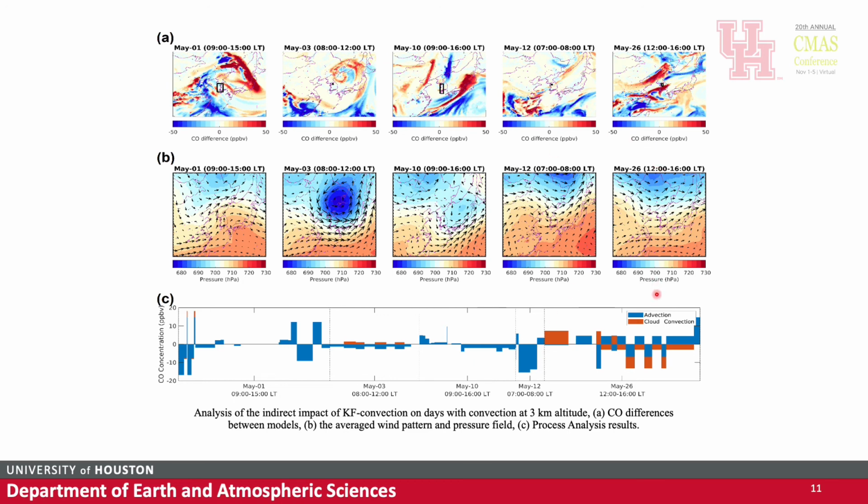Here you can see, for example for the last 2 days, that sometimes the impact observed at the KORUS-AQ measurement locations is caused by the cloud convection, and sometimes, at 3-kilometer altitude, it is mostly due to the transport of these CO differences.